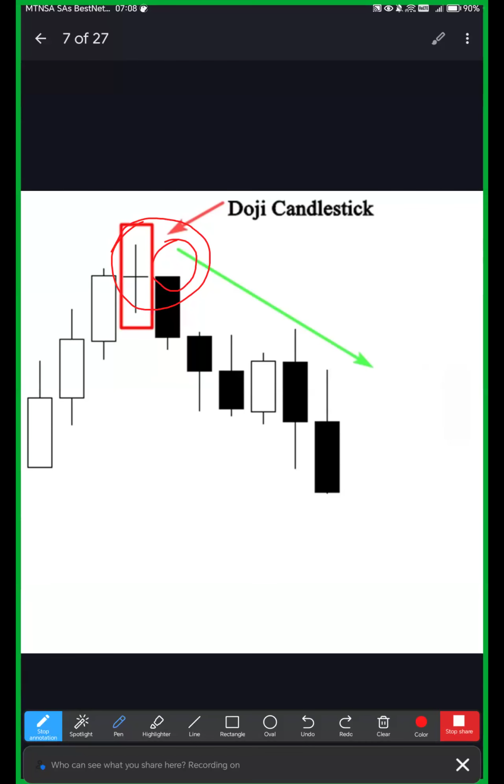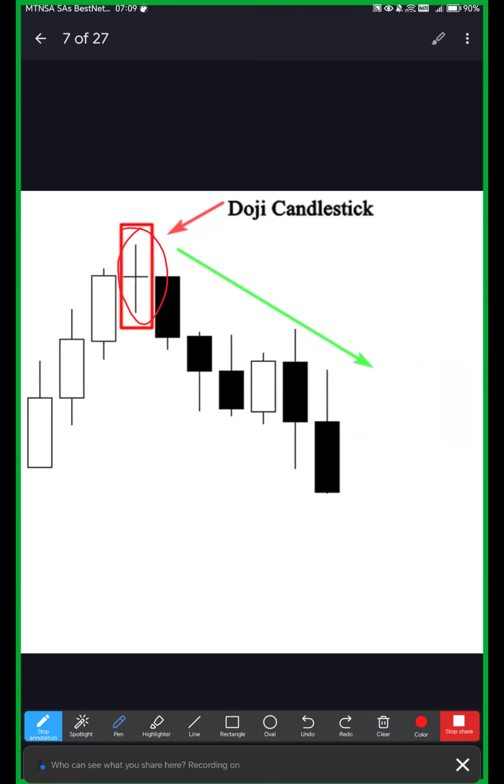So the formation of the doji candlestick chart pattern gives us information that buyers, in this scenario that I'm showing you right now, are unable to maintain the price or to contain the price on this top here.